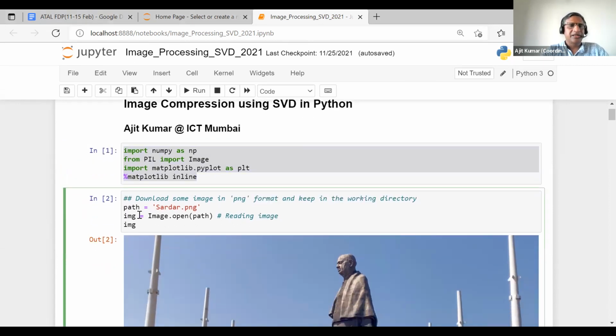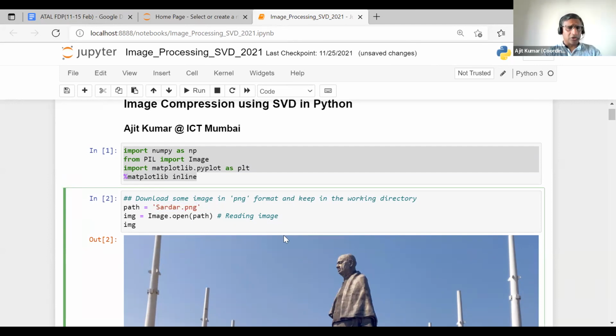Next, first you download this image and put it in the home directory where you have opened your Jupyter. Mostly it will be in the user home directory. Otherwise you'll have to give the complete path here. Suppose it is in D, you may have to give D followed by the path.